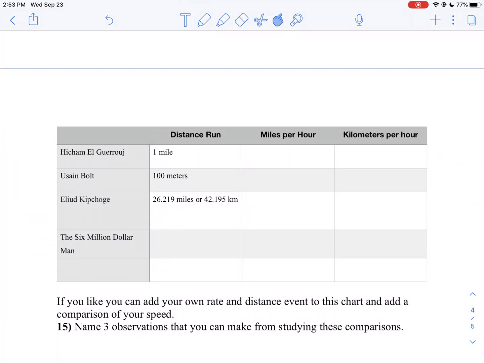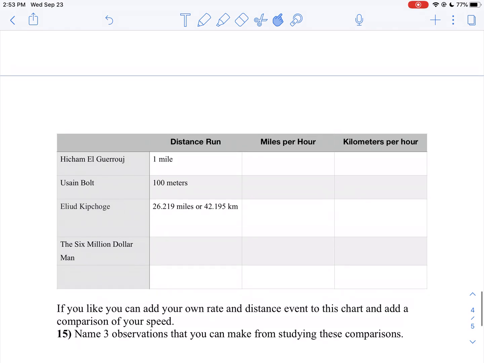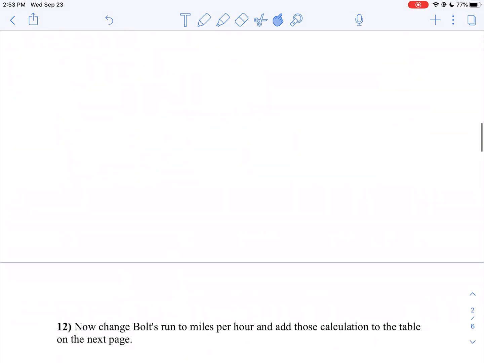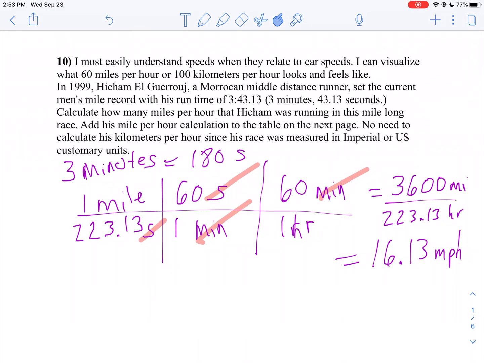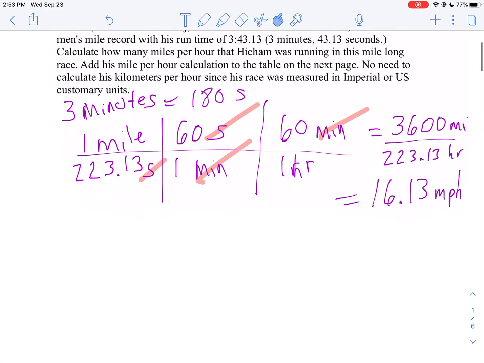So Hisham's record was 16.13 miles per hour. Don't get me wrong, that's still amazingly fast.